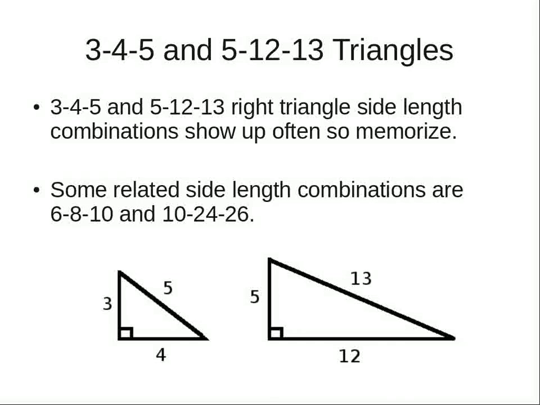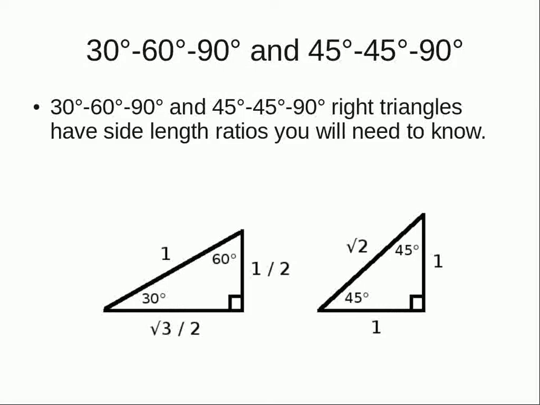So you will want to memorize these triplets of numbers so that you can identify them when they appear. Some related side length combinations you can create by simply multiplying the values of these triples by some numbers: 6, 8, 10, and 10, 24, and 26. Okay, those are also valid side lengths for right triangles.